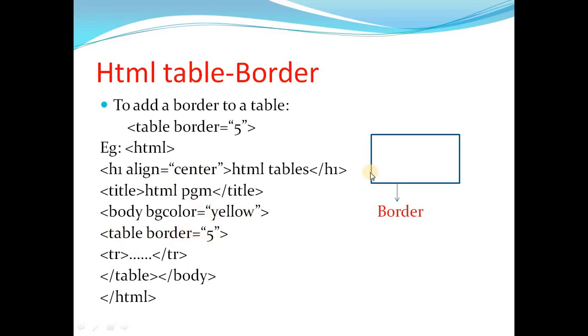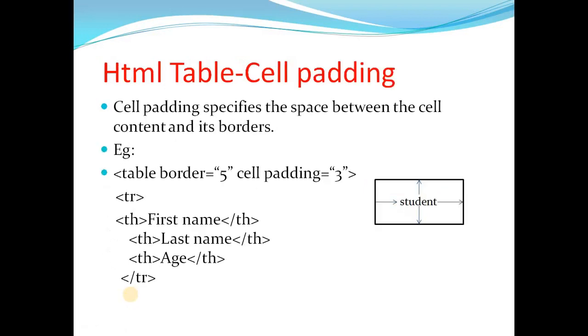That is the thickness of this line should be 5. Next comes the row, that is tr. Like this we have to write the table program. Next comes the end of the table tag, the end of the body section, and the end of the HTML.